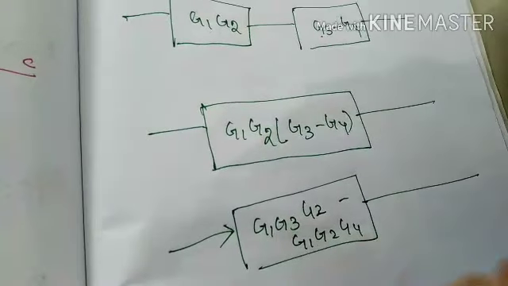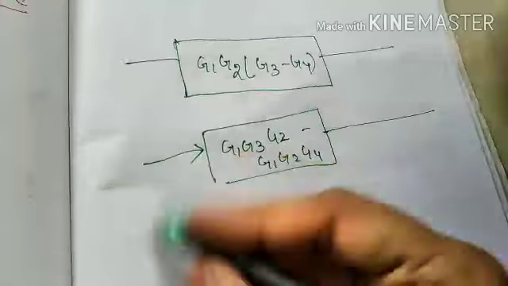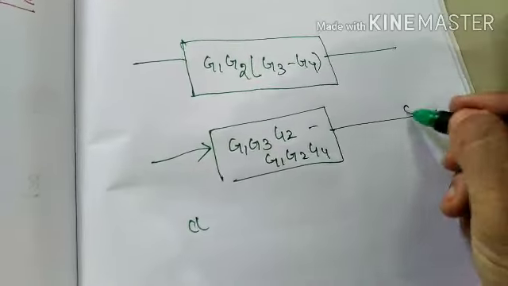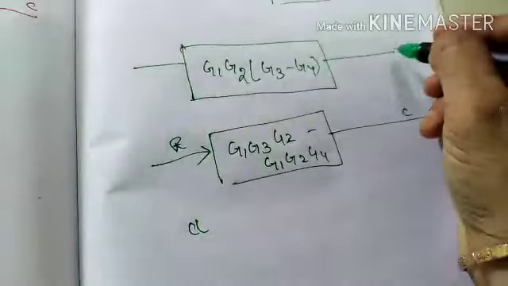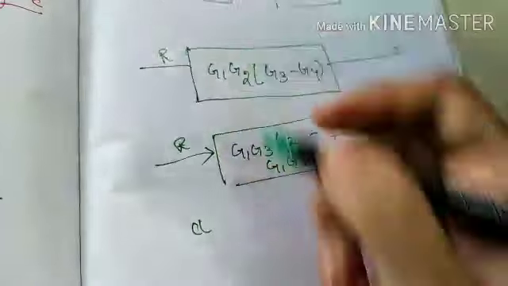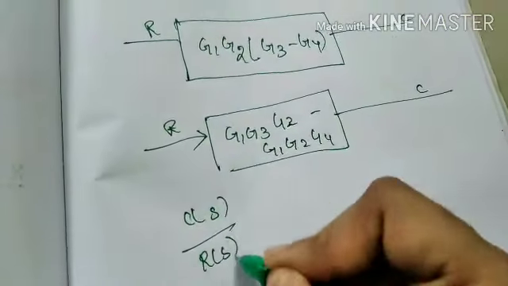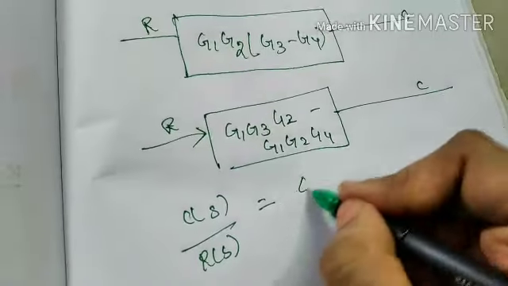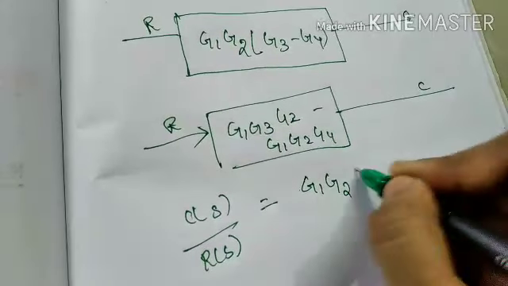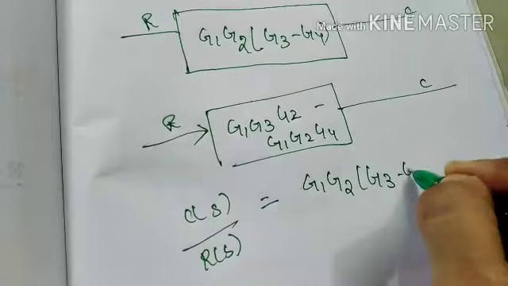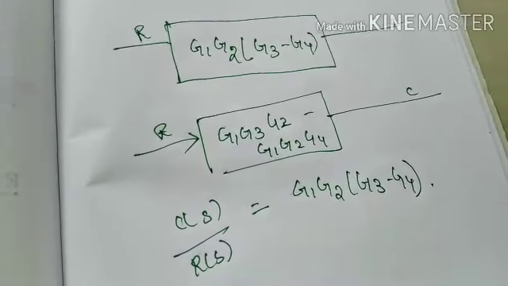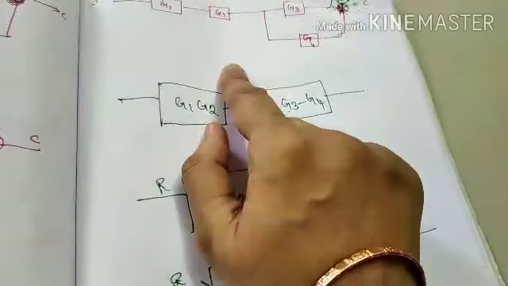So this is our final transfer function. So C of S, output by input, C, R. Output is C, input is R. So C of S by R of S is equal to transfer function G1, G2 into G3 minus G4. This is our final transfer function of the given block diagram, right?